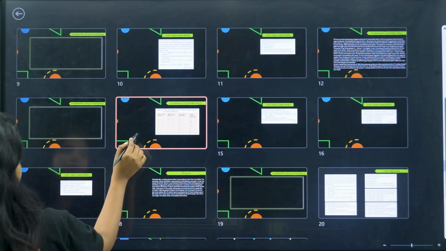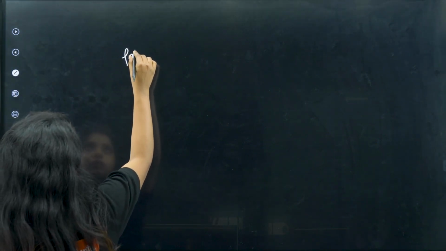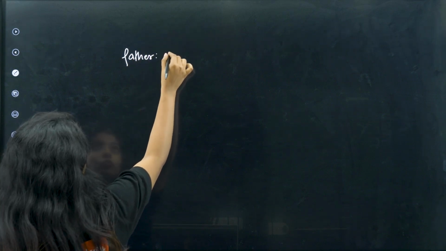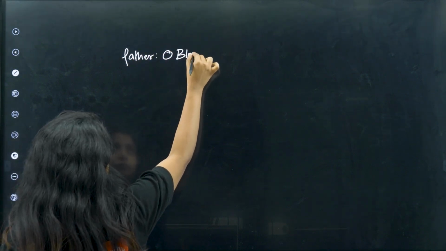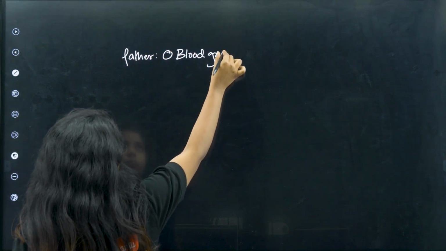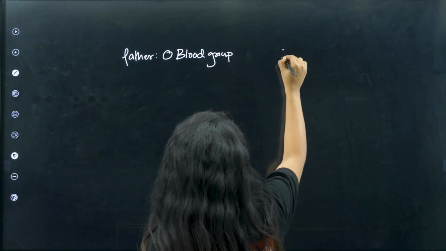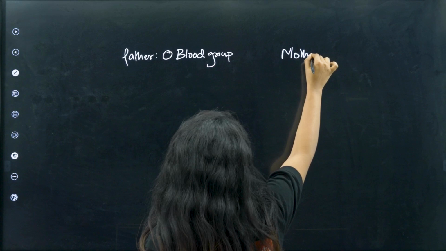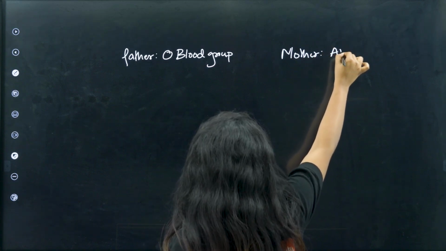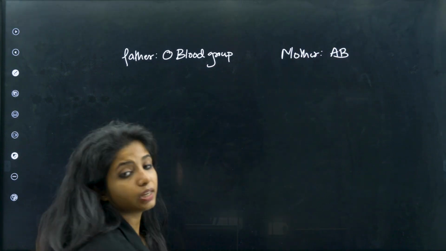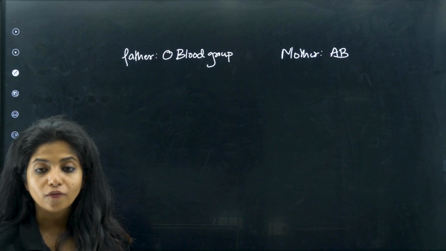If I say father is having O blood group, mother is having AB blood group, then what is the blood group of the children?